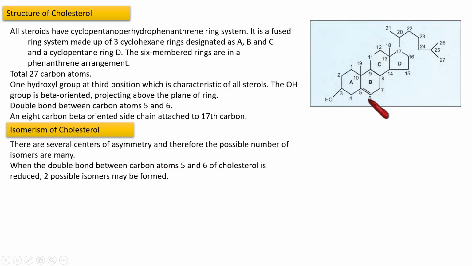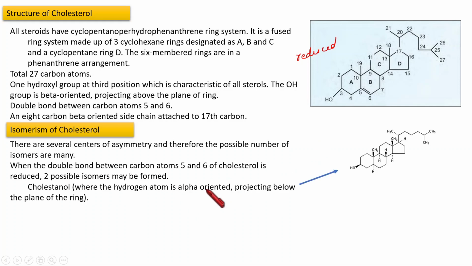So that's why I'm mentioning only two isomers that form because of one change that happens to this bond. If this bond is reduced, then it will convert to a single bond and one OH group will come here. And it will result in the formation of two isomers. One is called cholestanol.